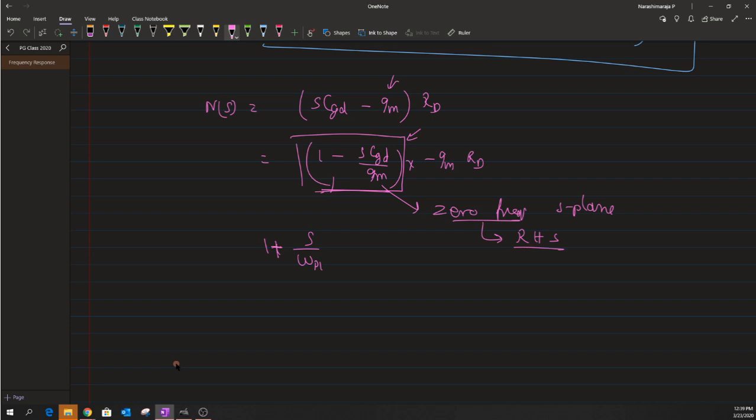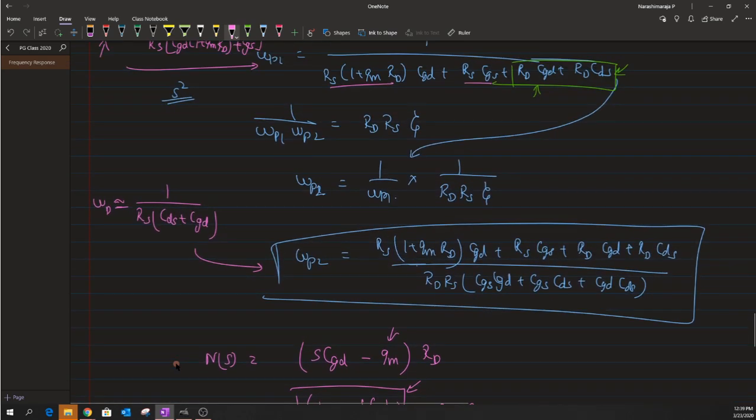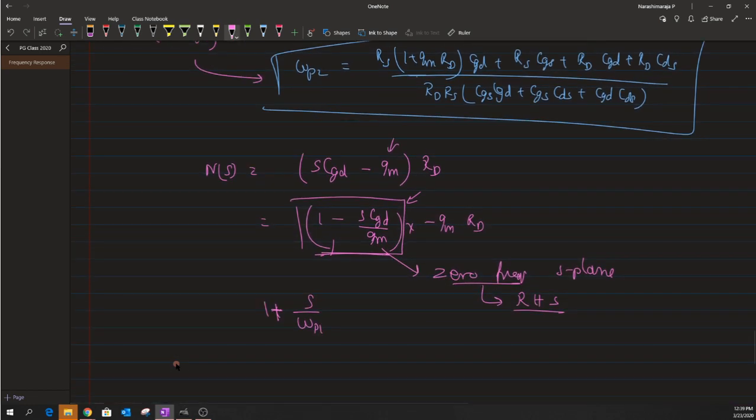As of now, the one thing we need to observe here is that this results in a right half zero frequency, whereas all the poles that we have computed will fall in the left half of the S plane. That's the only thing I want to emphasize here.